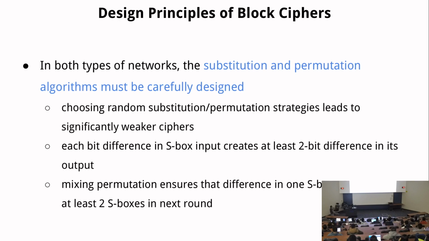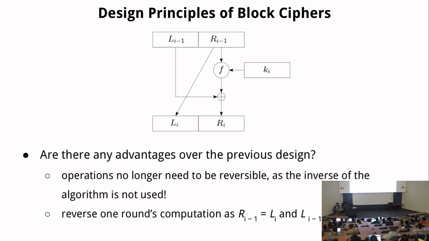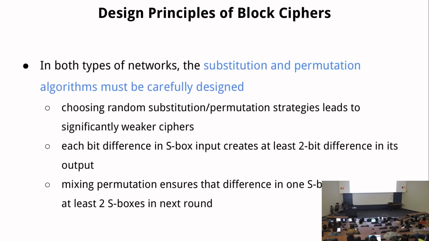As you can see, what we're not really showing here is the function f. This function f obviously has to be carefully designed. It has substitution modules and also permutation modules.